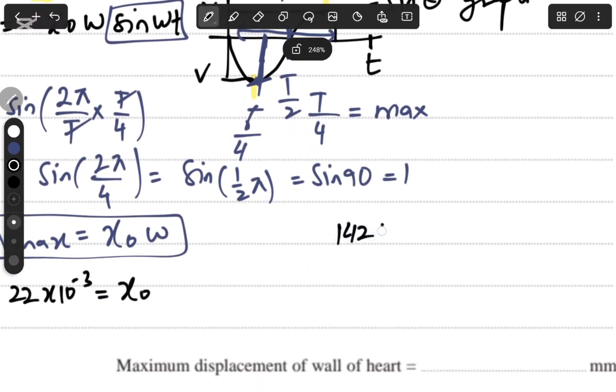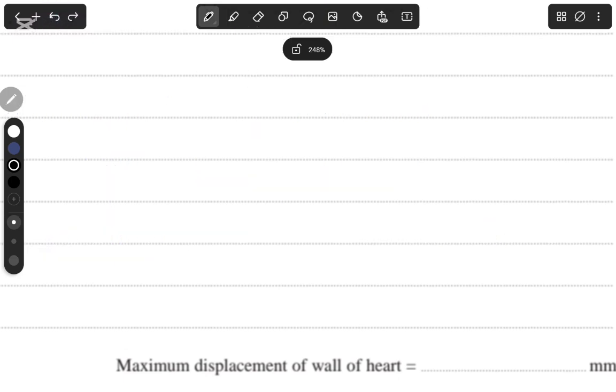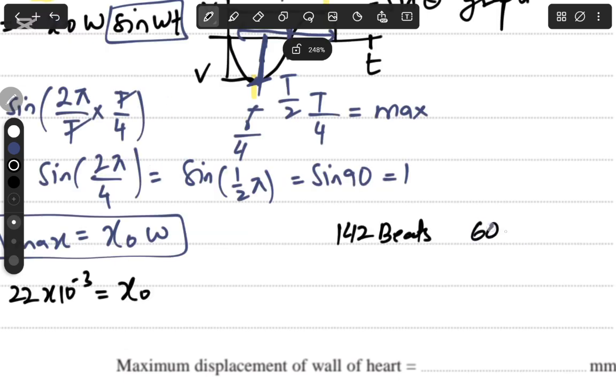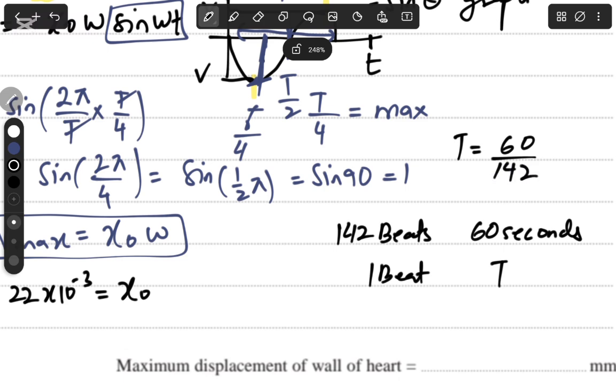So 142 beats occur in 60 seconds, so 1 beat will occur in T seconds. T is going to be equal to 60 divided by 142, and that's the time period. So omega is 2 pi divided by the time period, which is 60 over 142.